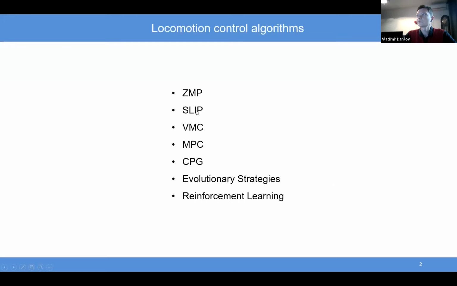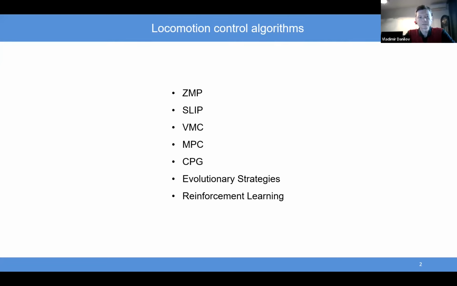So there are a lot of locomotion control algorithms, but recently model-free reinforcement learning algorithms have been widely advanced. Yes, they have a large number of hyperparameters, a long training time, and difficulty to transition from simulation to reality, which is called the reality gap.